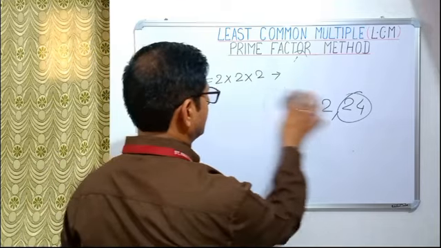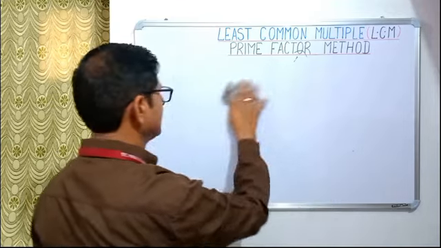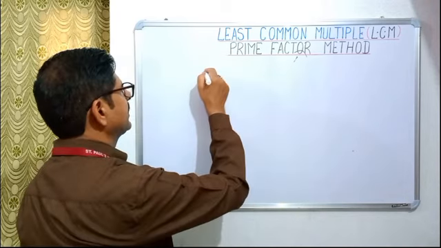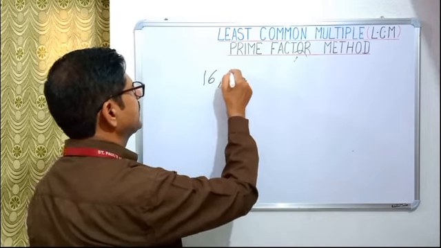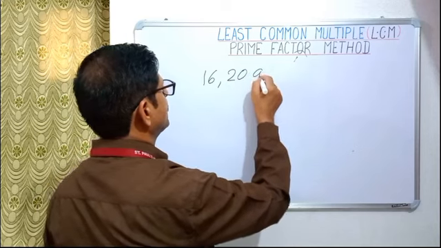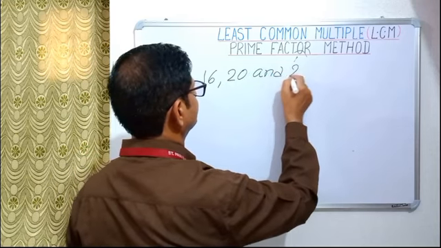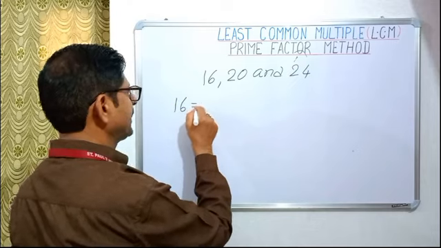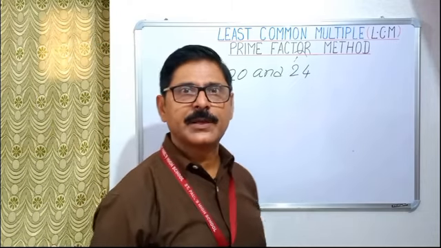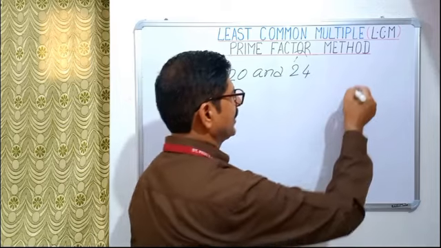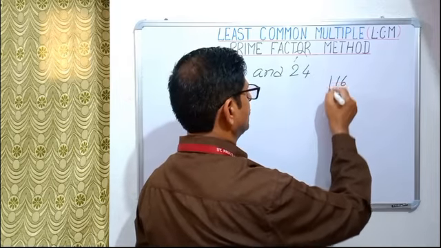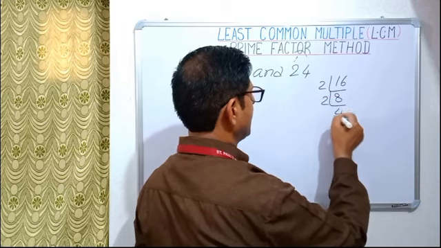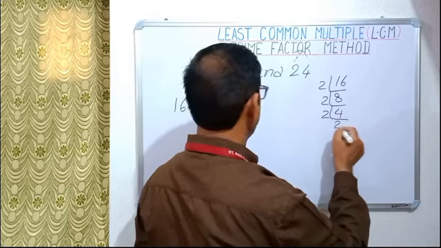Let us take the next numbers, and the numbers are 16, 20 and 24. Our first step, write the given numbers as the product of their prime factors. 16, 2 8s are 16, 2 4s are 8, 2 2s are 4.